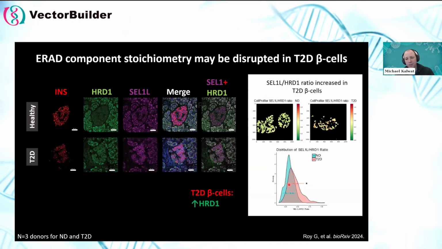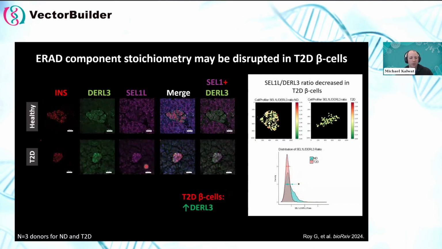And what we could detect is a shift in the ratio. So in type 2 diabetes, it looked like the amount of HRD1 might be going down with respect to SEL1L, which may not entirely agree with what has been found in the literature, but we need to do more work to measure the activity of the ERAD pathway in beta cells.